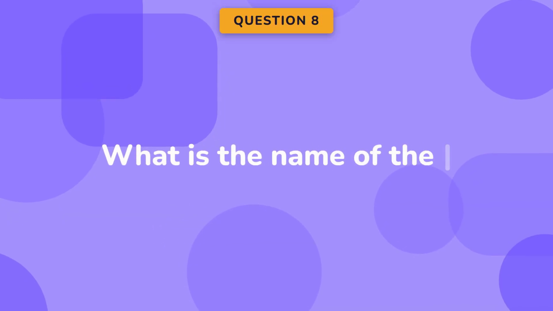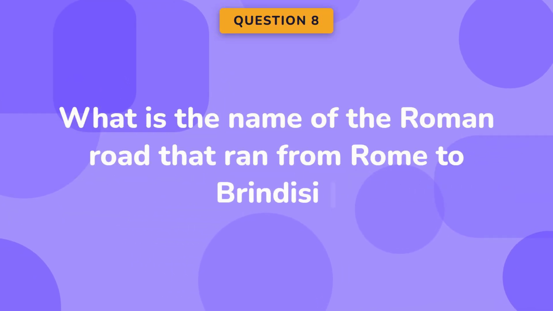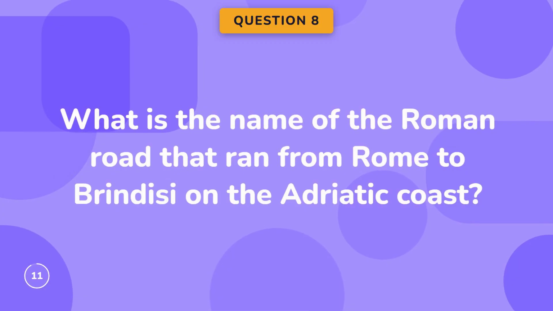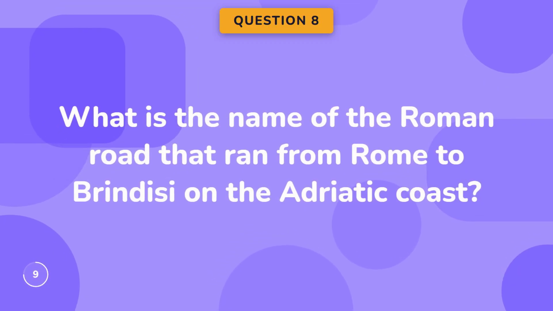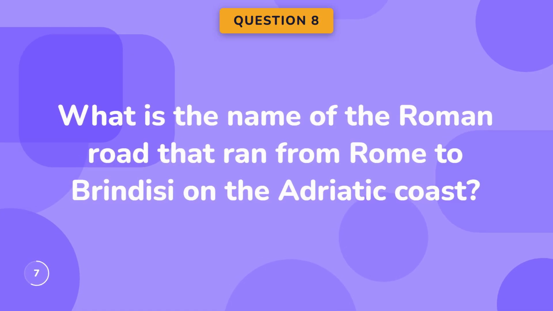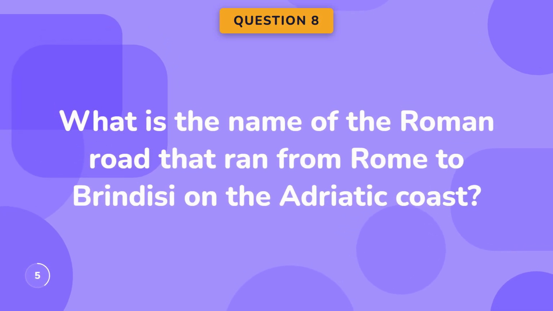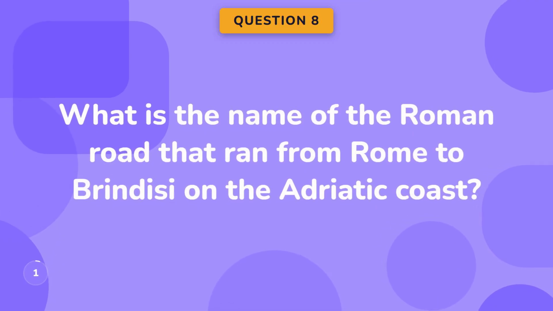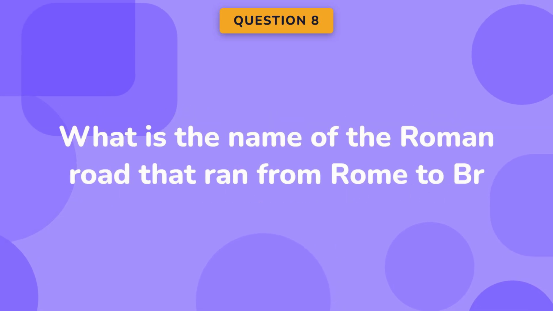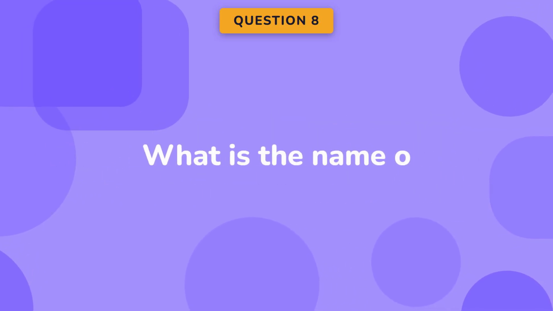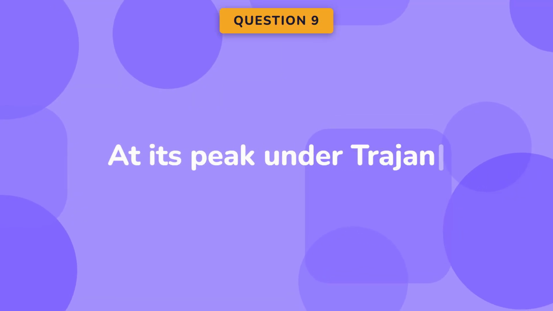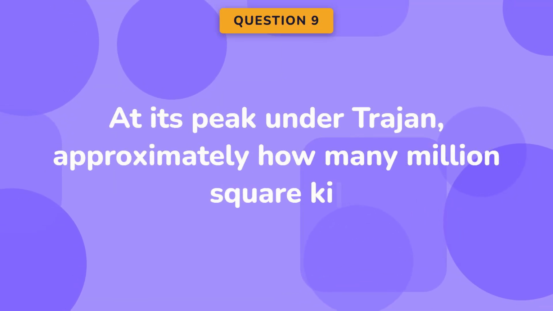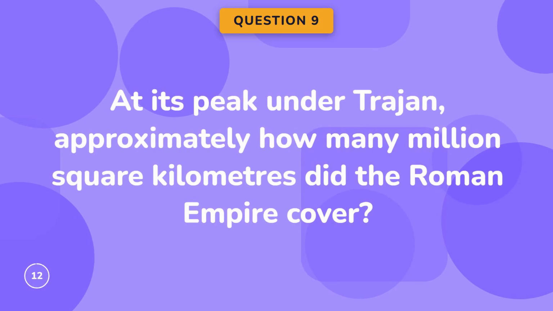What is the name of the Roman road that ran from Rome to Brindisi on the Adriatic coast? At its peak under Trajan, approximately how many million square kilometers did the Roman Empire cover?